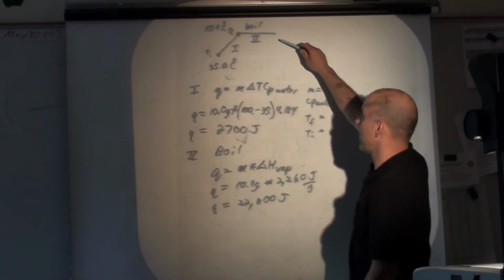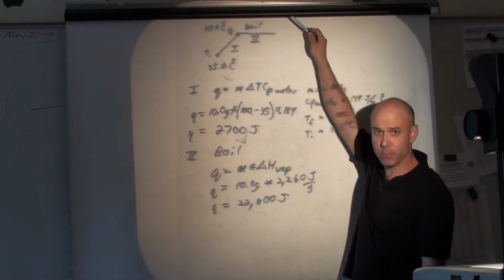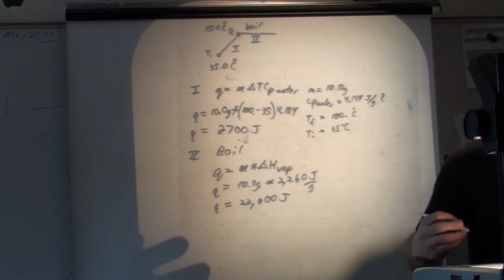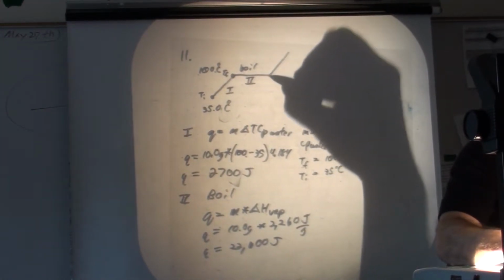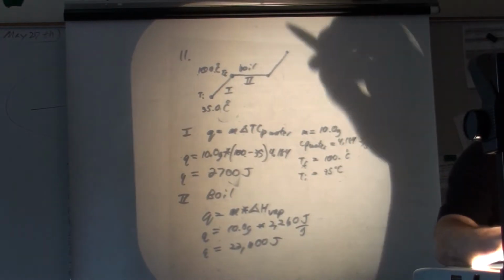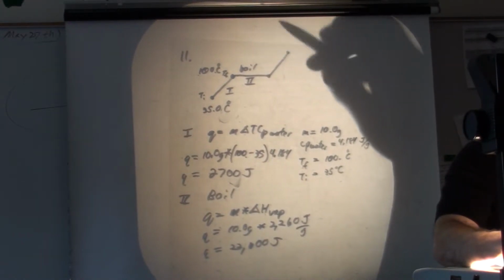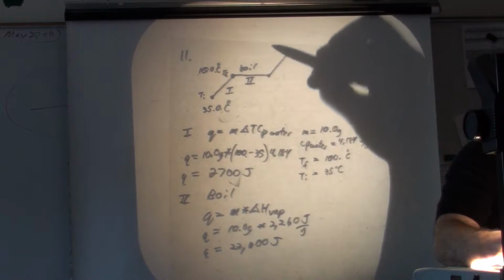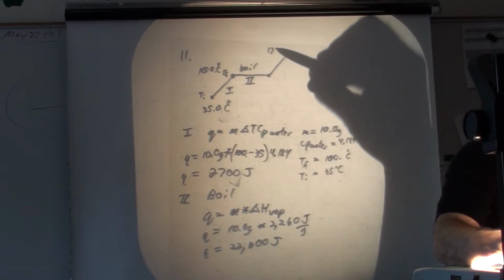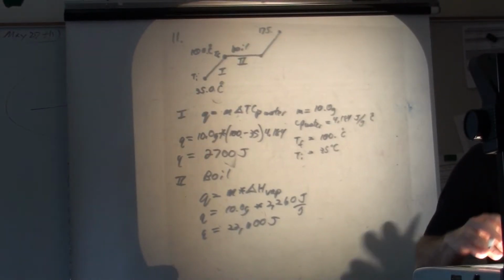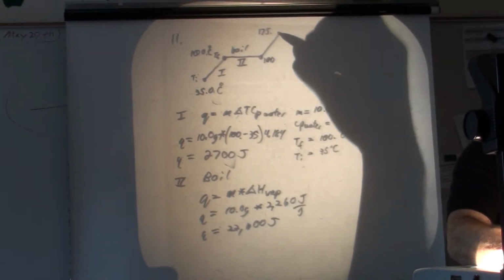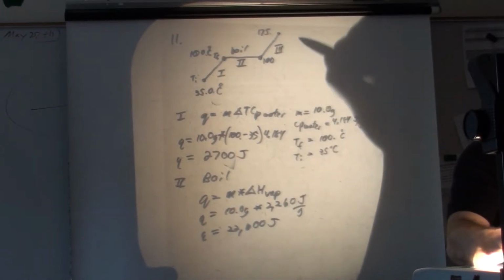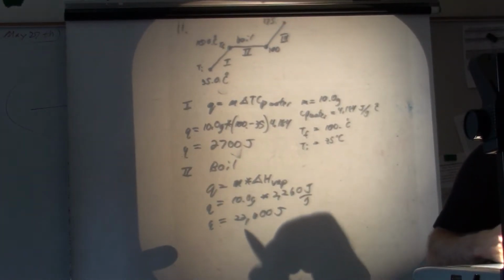Because they want to take that boiled water and raise the heat of it to 175. So here I'm at 100, here I'm at 175. Here we're going to heat the gas.